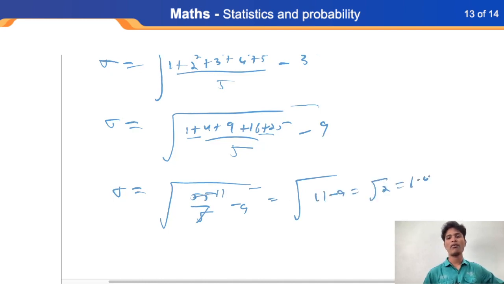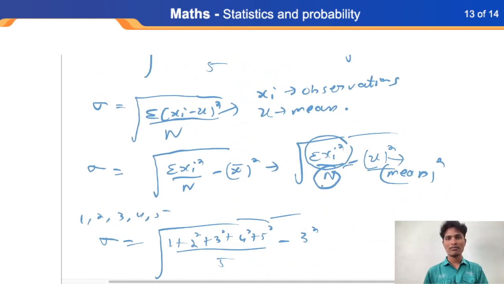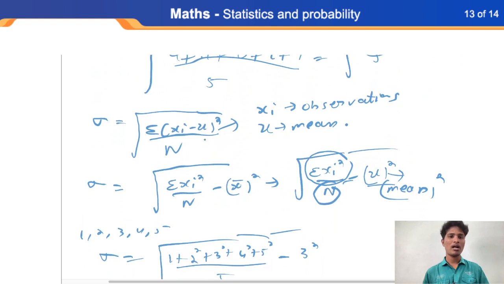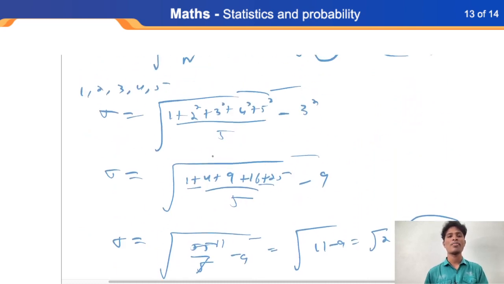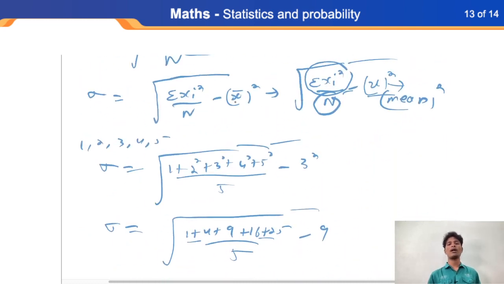It will be 1.414. So you can solve directly without finding the summation of xi minus nu square entirely. Calculating that would take some time, but we have reduced it to this formula: sigma xi square by n minus x bar whole square. This is the formula for standard deviation.